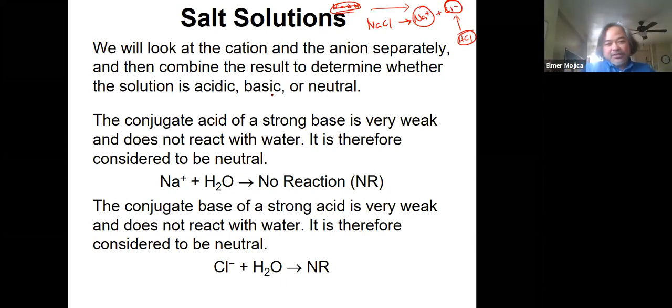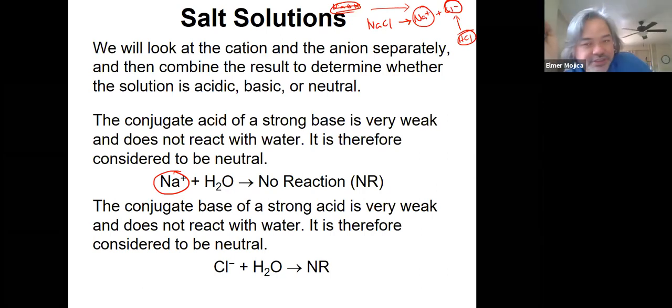Okay, so let's look at this one, Na plus. It says here, the conjugate acid of a strong base is very weak and does not react with water. Remember when we're talking about relative strength, if you are strong on the reactant side, most likely the conjugate acid and the conjugate base that you form on the product side will be weak. So if you react the conjugate acid of a strong base with water, there's really no reaction.